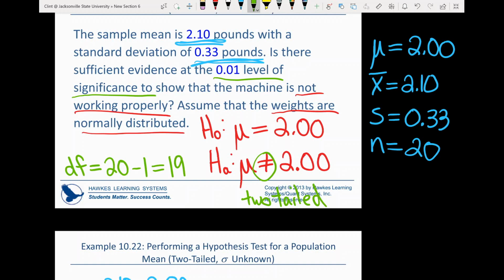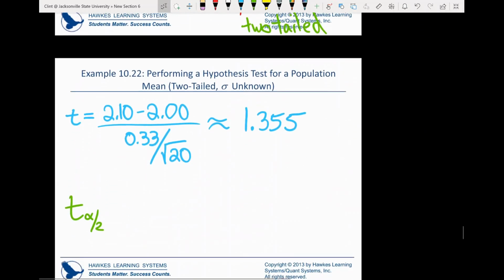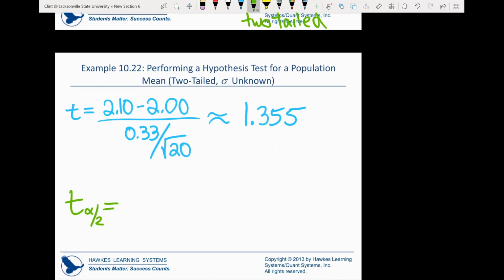So we'll go to our critical t table. 19 degrees of freedom, 0.01 in 2 tails. That will give us a critical t value, 2.861. And if we're being really specific here, since it's two-tailed, we've got a positive and a negative version there.